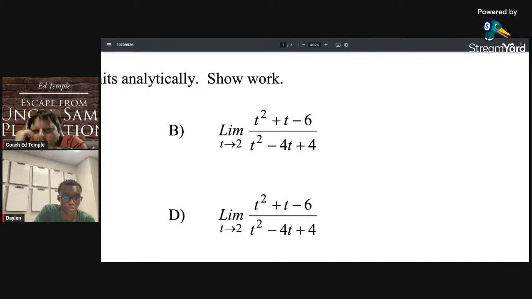Okay, so what we have to do, again, we go to the bottom. See letter B? What do you have to ask yourself if you're going to factor that? What two numbers multiply to get 4 and add to get negative 4? That's correct.